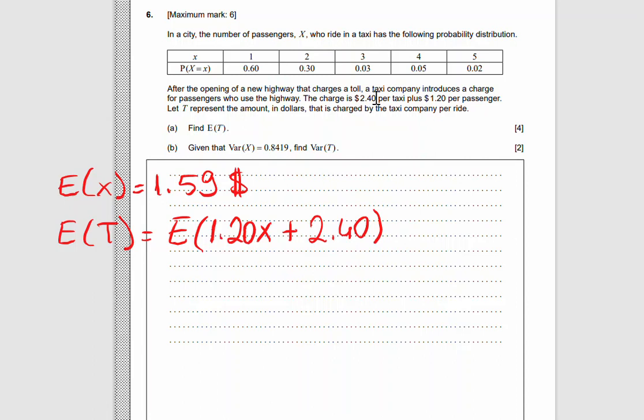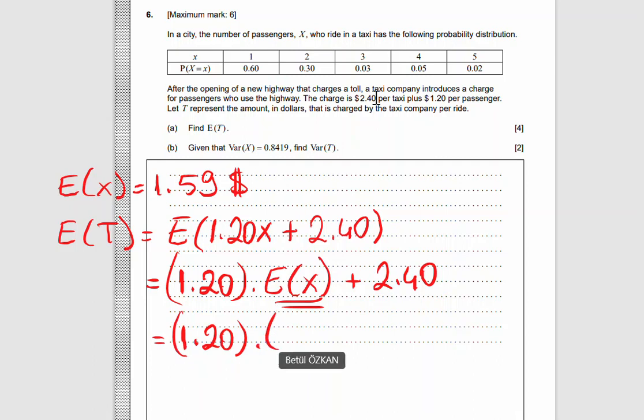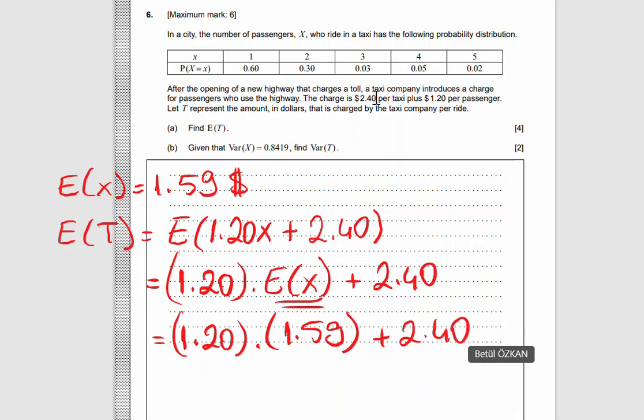This formula represents 1.20 times E of X plus the charge itself, which is 2.40. We already identified E of X as 1.59. So I'll put in its value: 1.20 times 1.59 plus 2.40. This will be our answer for the first part.